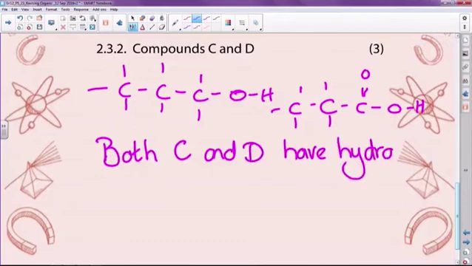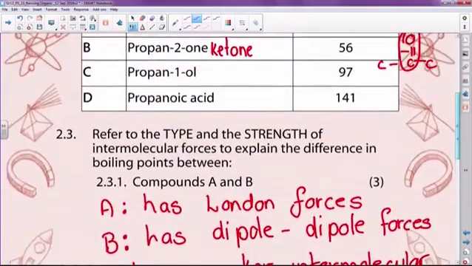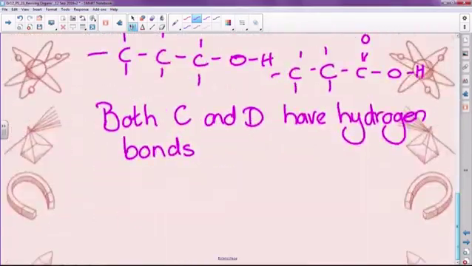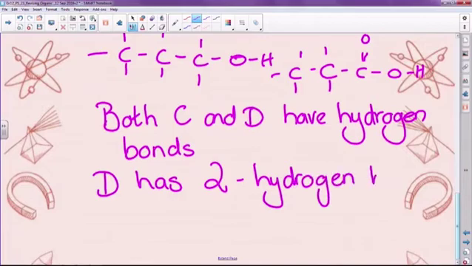So now we've got to say to ourselves, what's different between them that allows propanoic acid to have a much higher boiling point? Well, watch here. D has 2 hydrogen bonds, or has sites for 2 hydrogen bonds. Why?